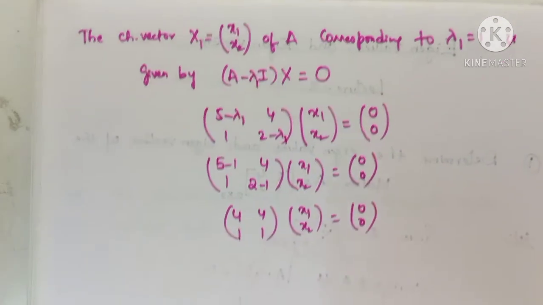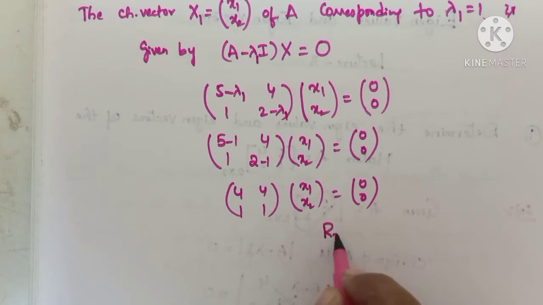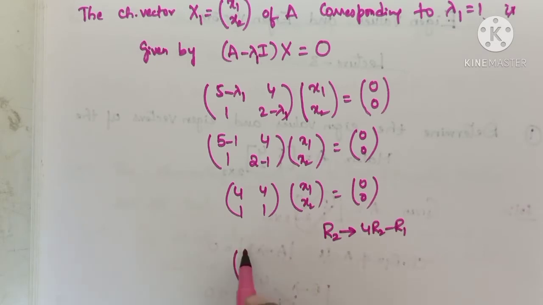Now we apply a row transformation. R2 becomes 4R2 minus R1. On applying this transformation, the first row is as it is, and the second row will become 4 into 1, 4, minus 4, 0. In the same way, 4 into 1 minus 4, 0.